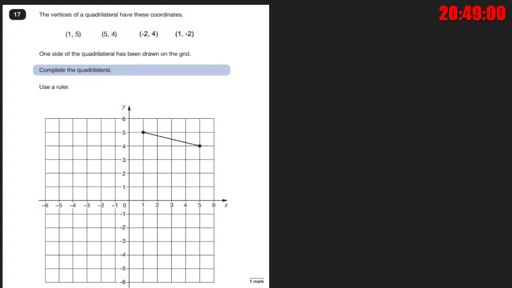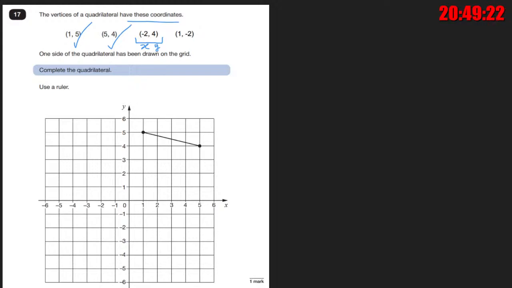The vertices of the quadrilateral have 3 coordinates. So these coordinates are given. So 1, 5 is already drawn. 5, 4 is already drawn. Please try to understand minus 2, 4, how to draw that one. Minus 2 is the x coordinate. 4 is the y coordinate.